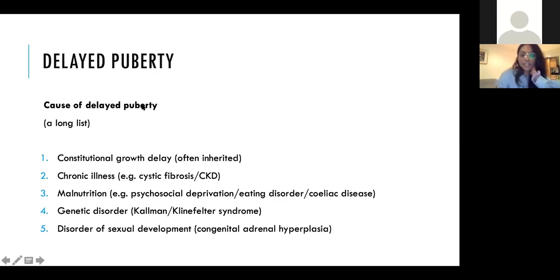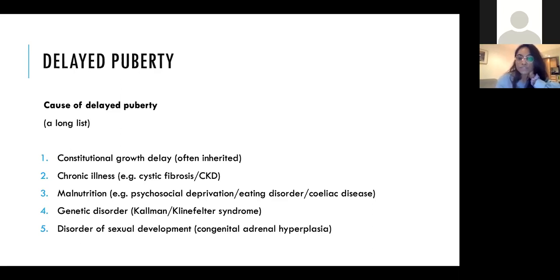And then I thought we could break it down into other causes such as chronic illness. Is there an underlying medical condition? Someone said, could you explain? So familial short stature is when the parents are short. It doesn't necessarily mean that they have delayed puberty, okay?